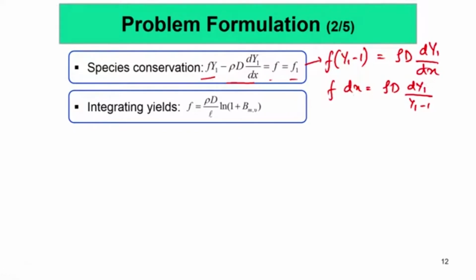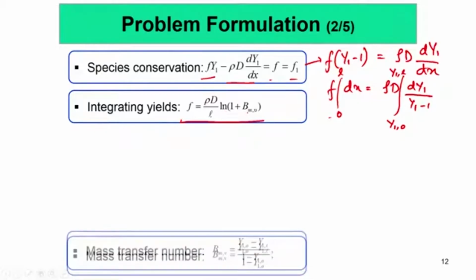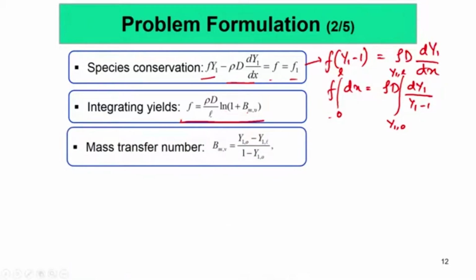Then we can integrate this, between 0 to L, essentially, and y1 from y10 to y1L, and we will get f to be rho D by L times log of 1 plus B_M, where B_M is the mass transfer number, which is nothing but this quantity.